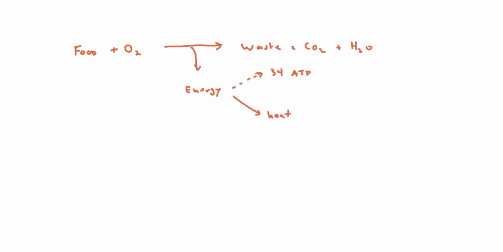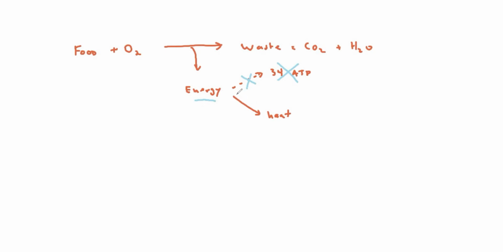What we're saying here is that if we prevent ourselves from making all this ATP, if instead of producing 34 molecules of ATP, we produce fewer. Let's say we don't produce any. We cut off ATP production altogether. And so there's no ATP production, but we still have that same energy coming off. That energy has to be going someplace, right?